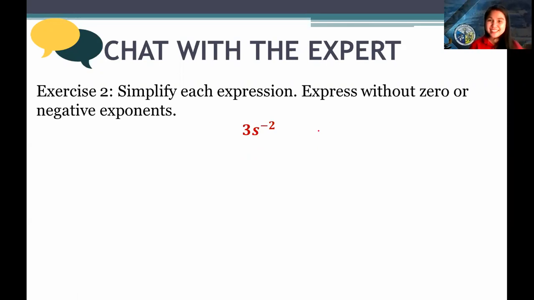Ready in the chat box? There should be no negative exponents in the final answer. Friends, here it's negative, right? So what do we do? We need to transfer.